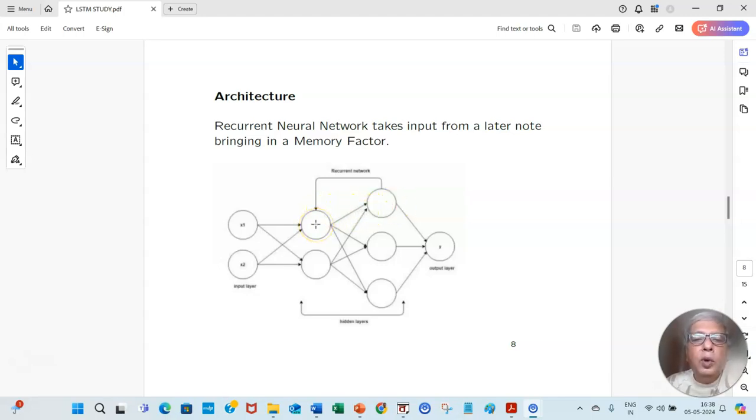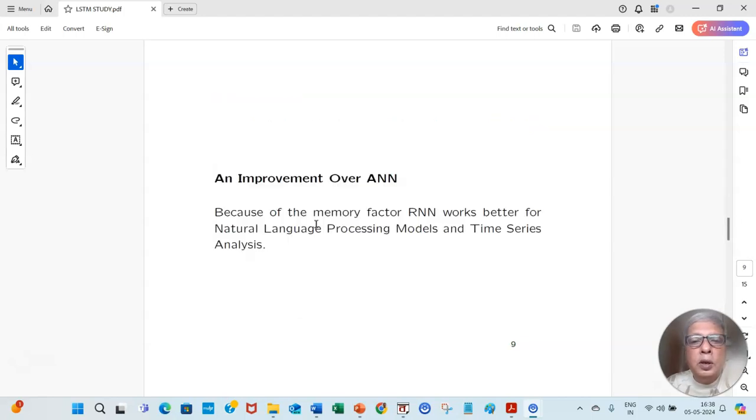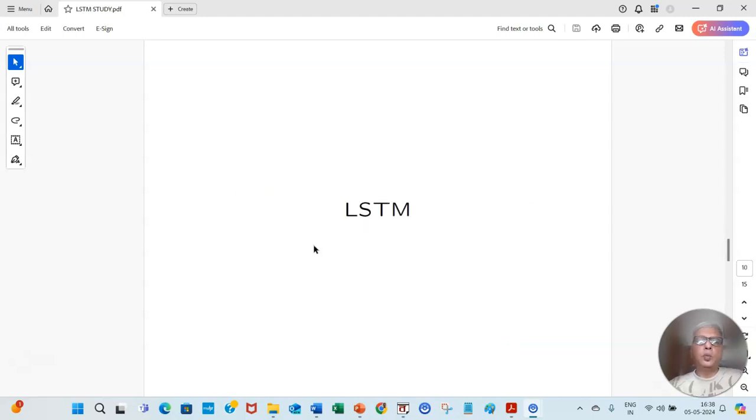It looks like a memory of what the network evaluated before. It's an improvement over artificial neural network. It works better for natural language processing models and time series analysis, etc. So that's the recurrent neural network.